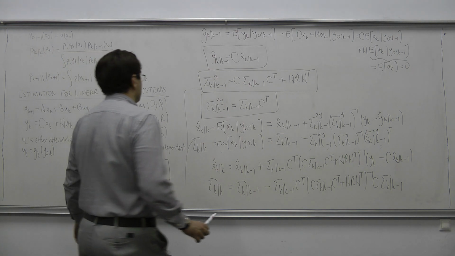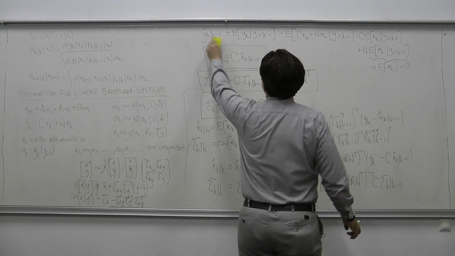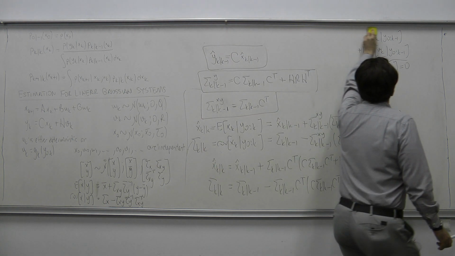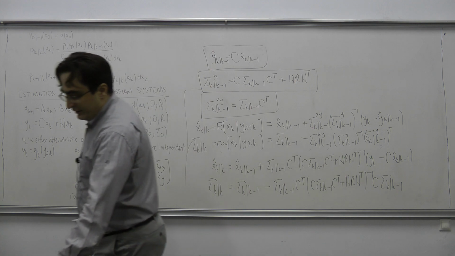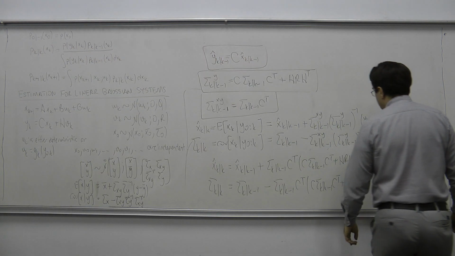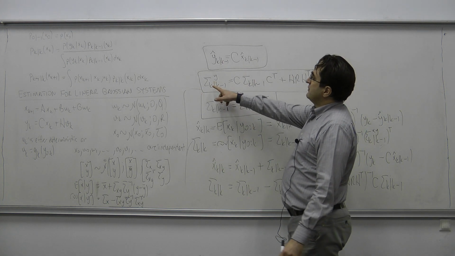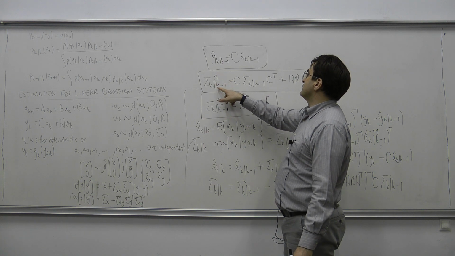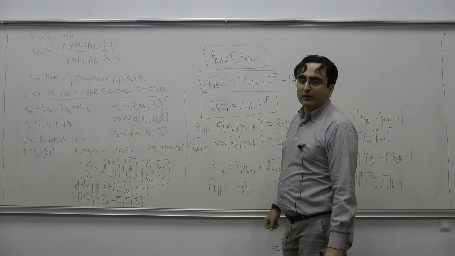So now we're going to define some quantities. Okay? So I can erase this. The first quantity that I'm going to define is just this matrix. We know that this matrix is nothing but the covariance of yk given y0 to k minus 1.